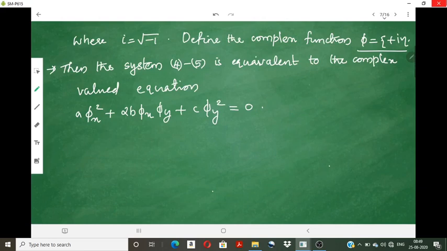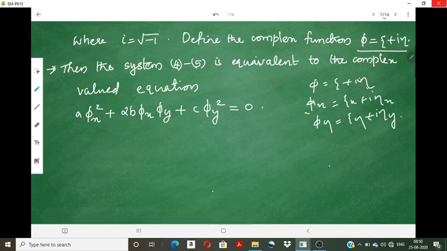For that, we know phi is theta plus I eta, so phi x will be theta x plus I eta x, and phi y will be theta y plus I eta y.